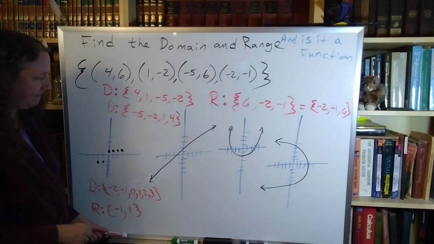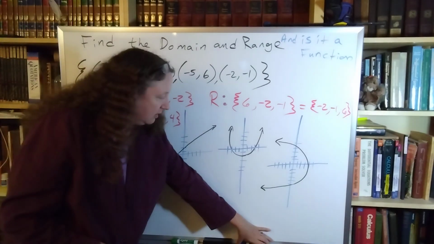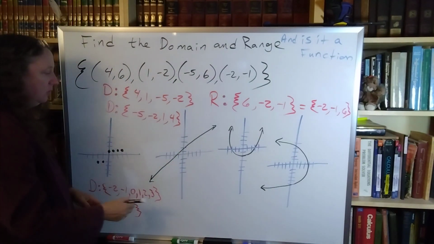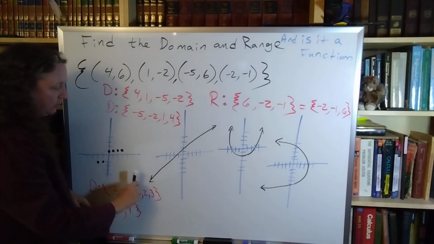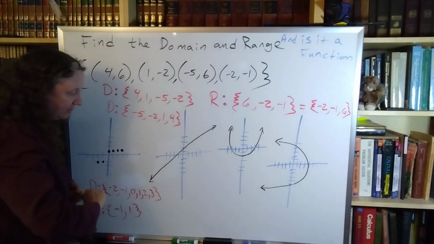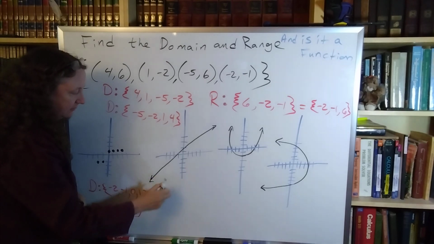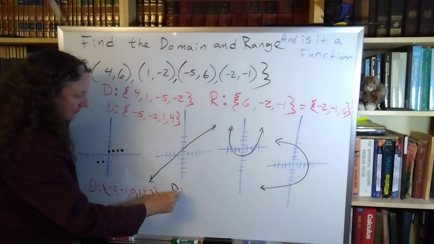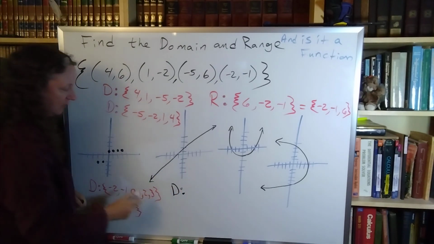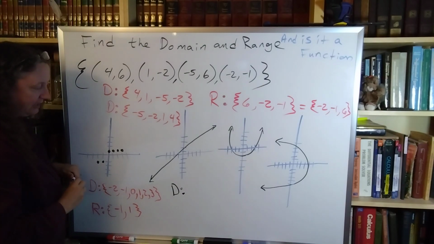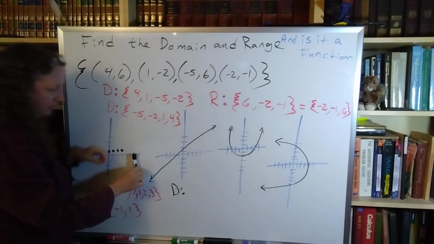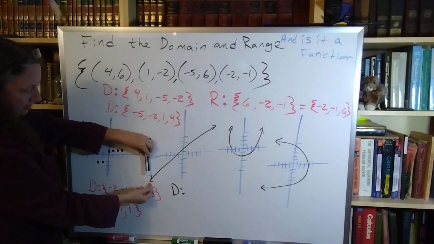Looking at this one. When you have a graph, the first thing you want to do for your domain is figure out where is the first spot that you see it. So as I go from left to right, because I'm looking at my x's first, the first time that I see it, it has an arrow on it.